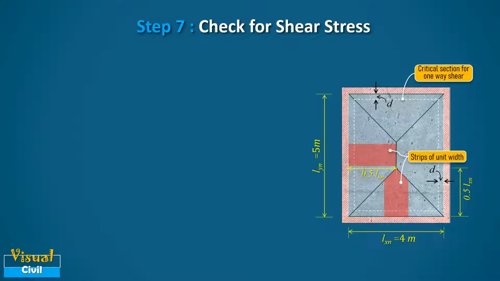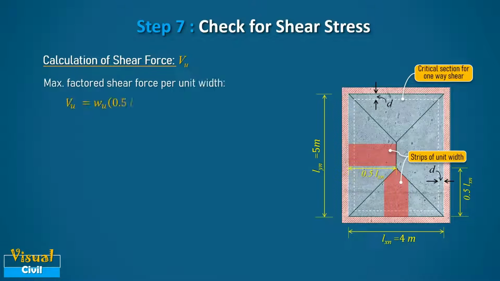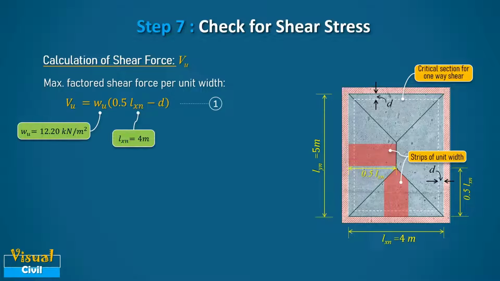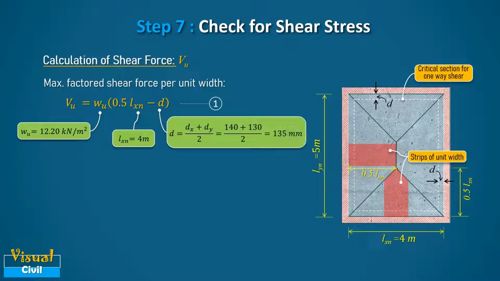So, let us compute the shear force at this critical section. The maximum factored shear force per unit width will be calculated using equation 1. In this equation, effective depth D is the average depth of 135 mm. After putting all the values and solving, we get shear force Vu equal to 22.75 kN.